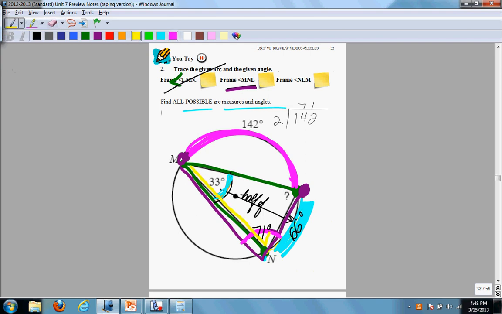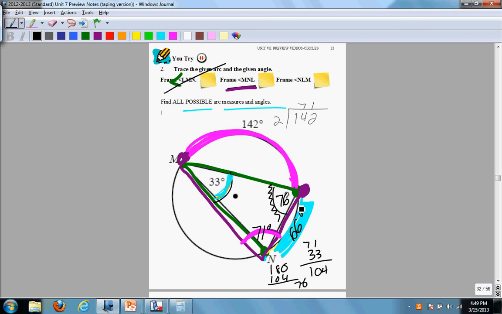See the triangle? So now to get that third angle, we don't have to do the inscribed. We can just add up 33 and 71. We get 104. We're going to take that away from 180. And we should get here 76.